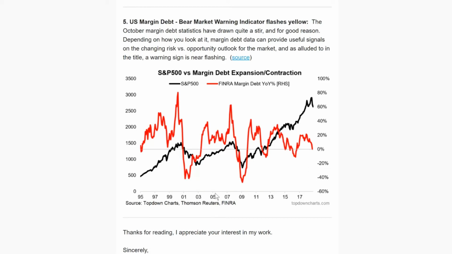And so we can see there that for these two major bear markets, this crossing below zero of the year-on-year change in margin debt was a pretty reliable signal.